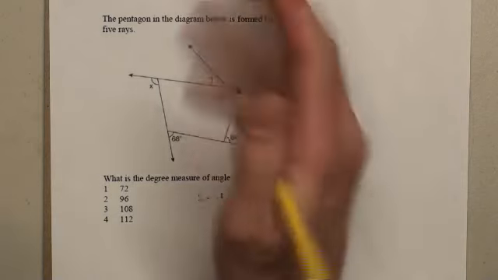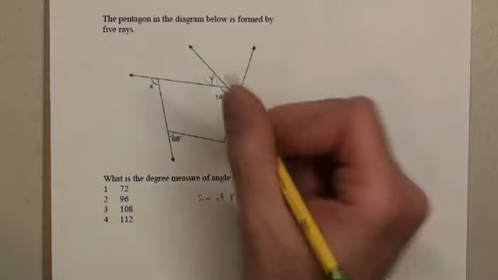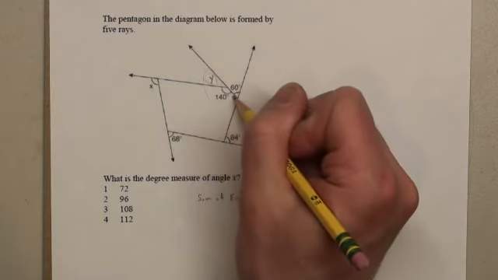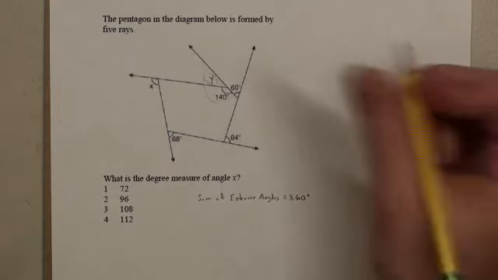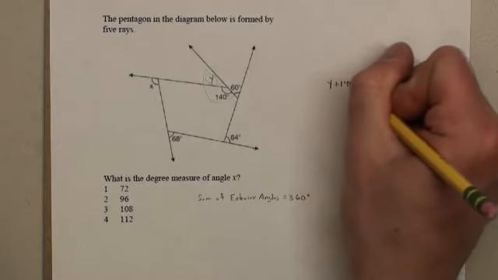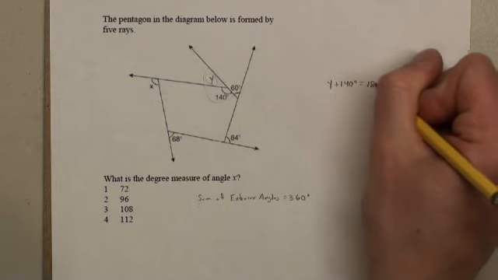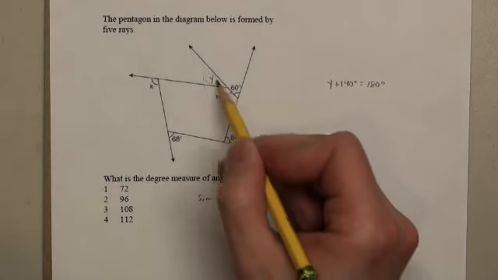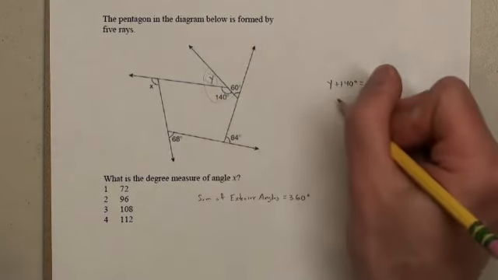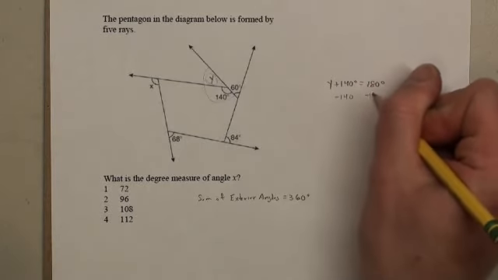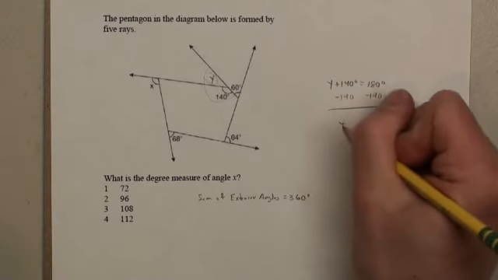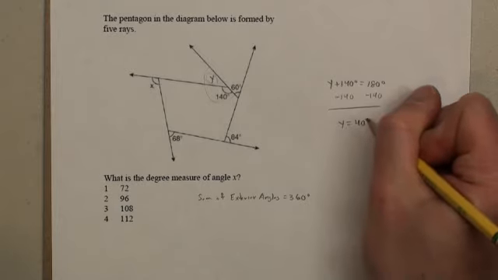Let's call that Y. Now we know that this is a linear pair, so Y plus 140 degrees equals 180 degrees. It's supplementary. These two add up to 180. So if we subtract 140, we get Y equals 40 degrees.